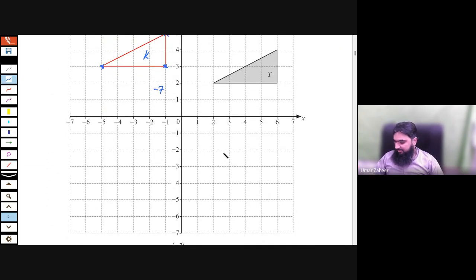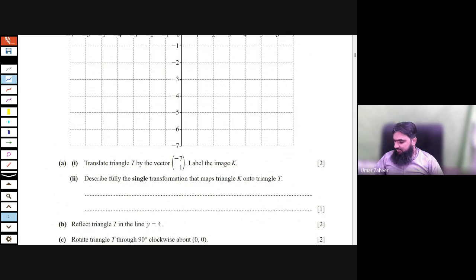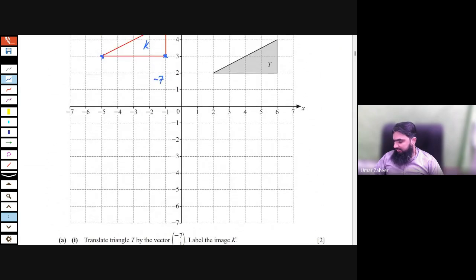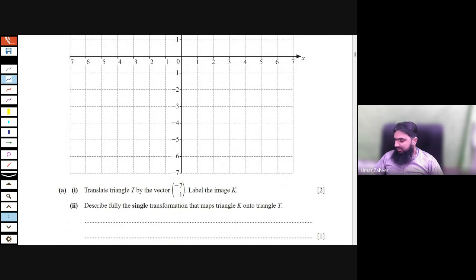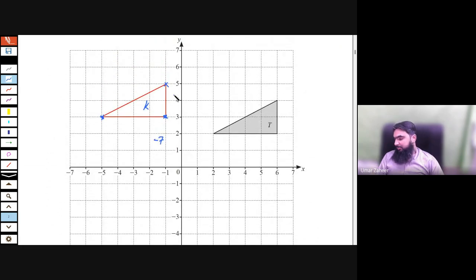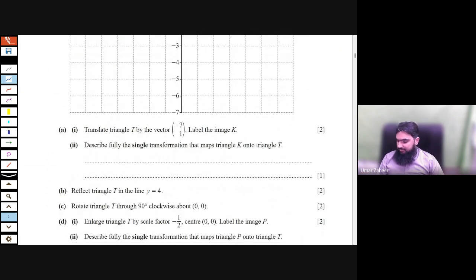In the next part, he says that you have to describe fully the single transformation that maps K onto triangle T. We are moving from K to T. So clearly it is a translation because the object and the image are exactly the same. Next we have to tell the translation vector.